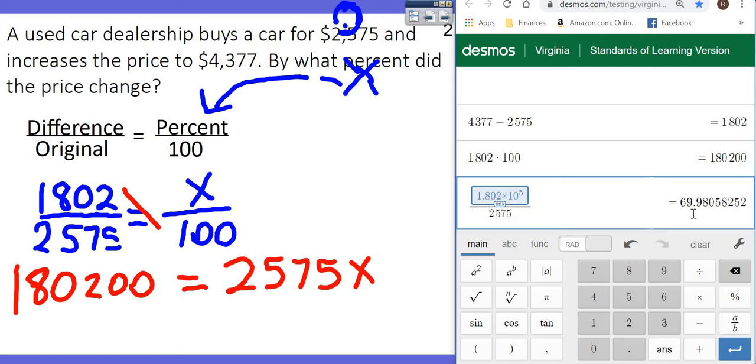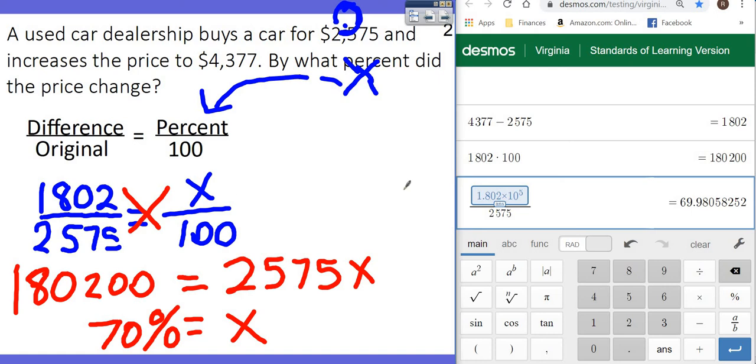And that gives me 69.98. So that rounds up to 70%. So if they ask what percent did the price change, the price changed by 70%. That's how much they marked up the car when they sold it.